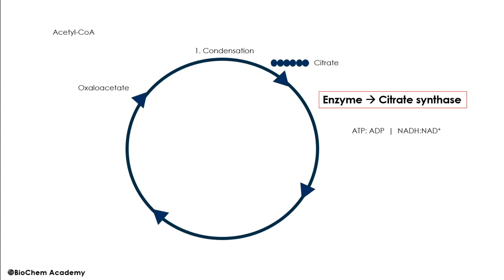The rate of this reaction is controlled by the ATP to ADP ratio, as well as the NADH to NAD plus ratio. For example, if the ratio of ATP to ADP is low, meaning that the cell requires more ATP, so there is less ATP, the triphosphate, then the rate of this reaction will increase and therefore produce more citrate from acetyl-CoA and oxaloacetate.